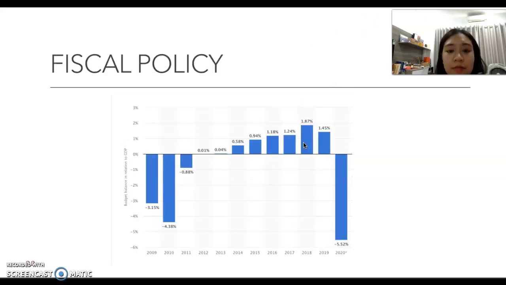Now let's talk about the fiscal policy. Overall, Germany kept budget surpluses over time, leading to a contractionary fiscal policy, except from 2009 to 2011, when they kept a budget deficit.